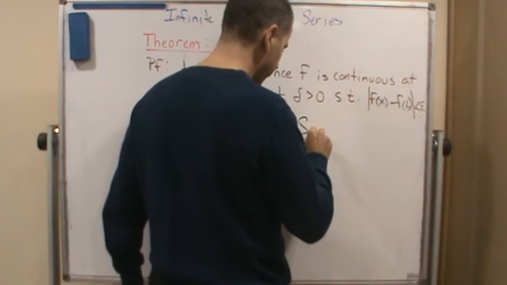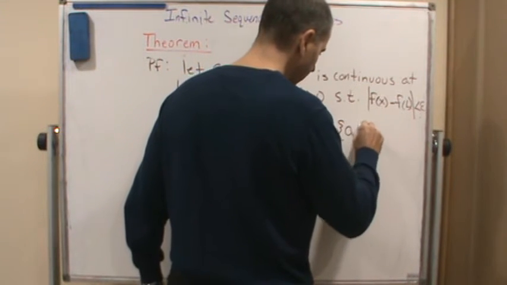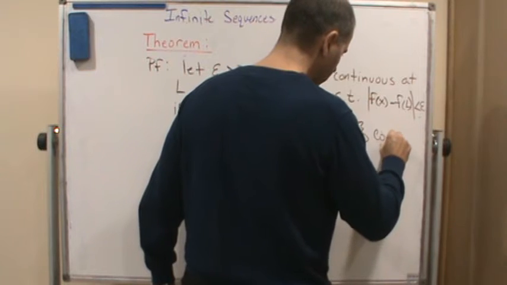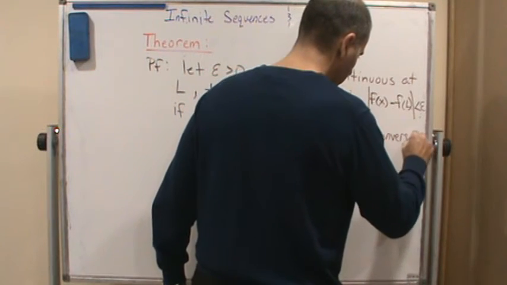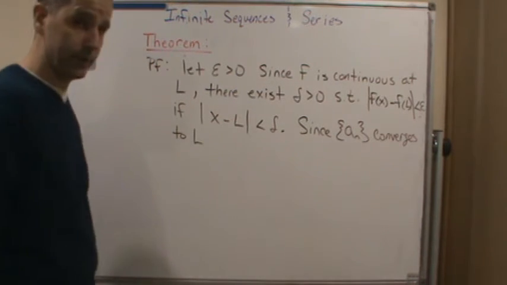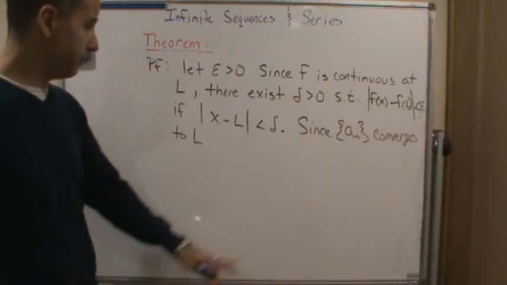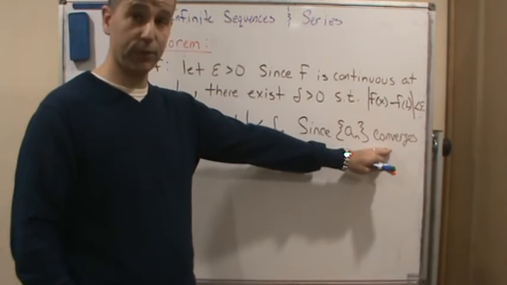Since a sub n converges to L, what do we know to be true? Well, what's the definition of convergence?